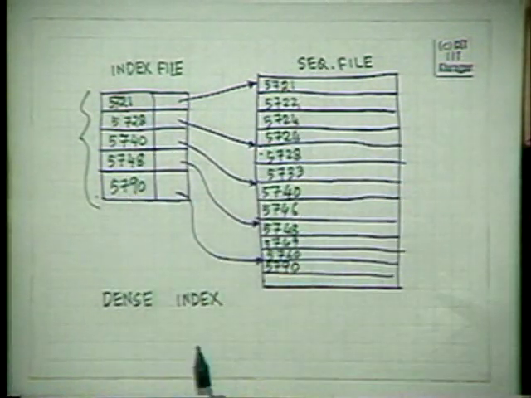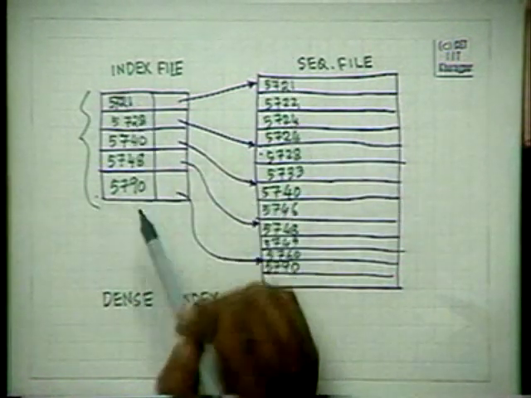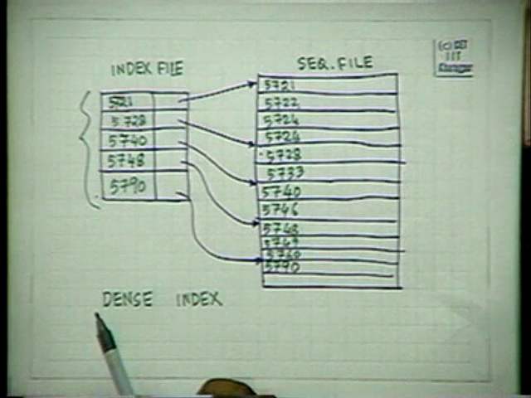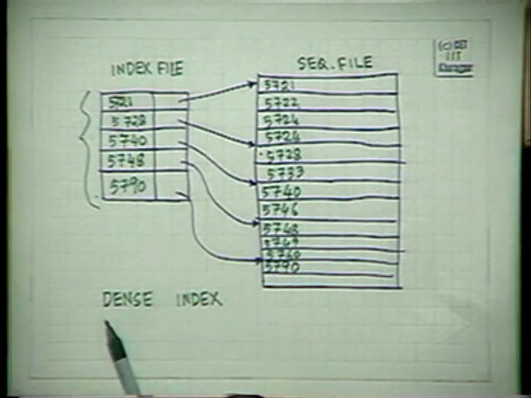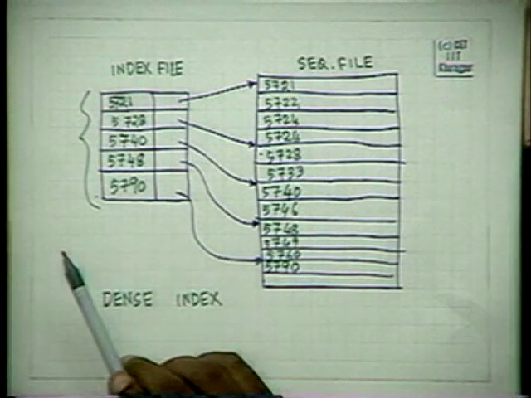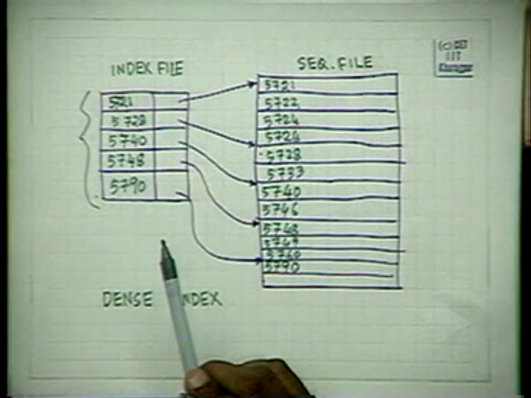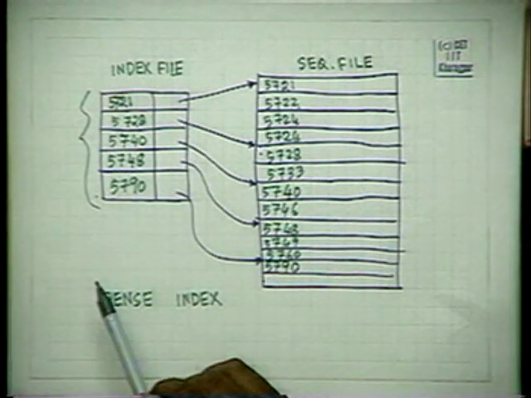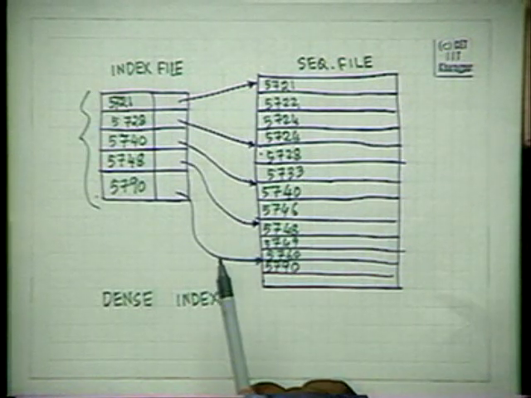This is not a dense index. If it were a dense index, I would have had to have all the values. For example, suppose in a bank, account number and the customer name, because you can have joint accounts, together form the primary key.